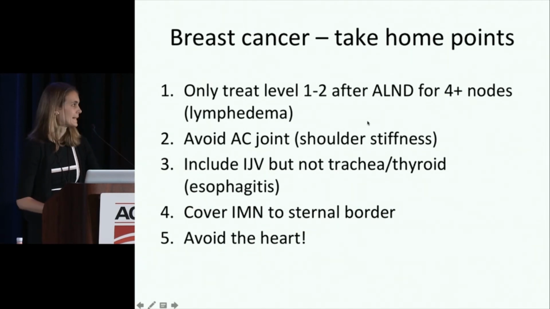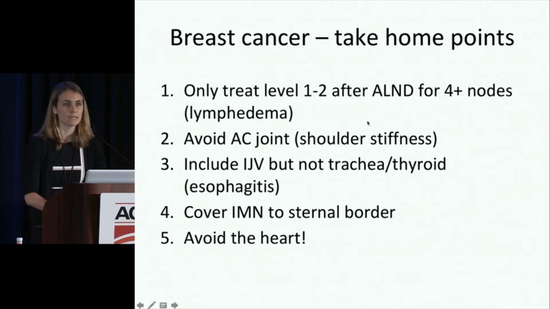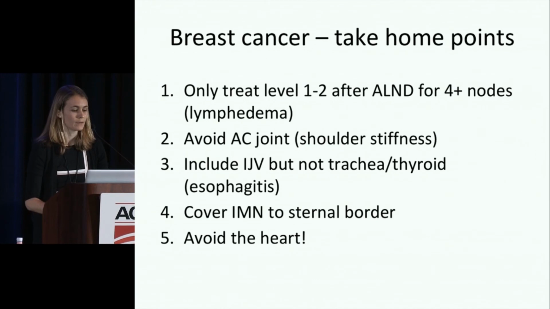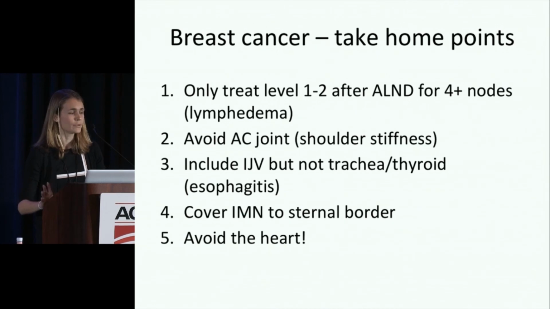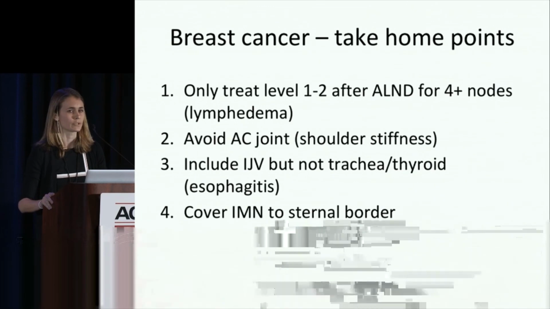So to summarize some of the key points, I think we can talk about side effects, as an important endpoint. There was an ASTRO abstract from John Strauss looking at patients who have had an axillary lymph node dissection: intentionally treating level 1 and 2 can actually increase lymphedema, which I think we knew, but it was the first time he'd shown that.